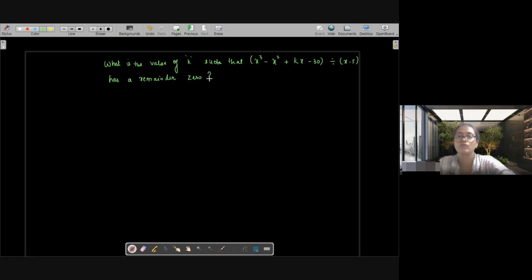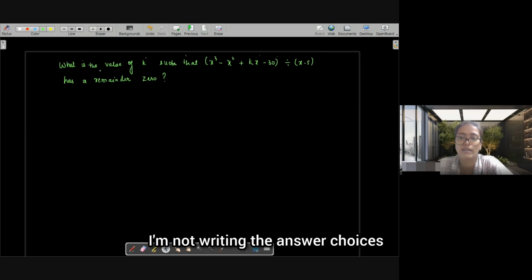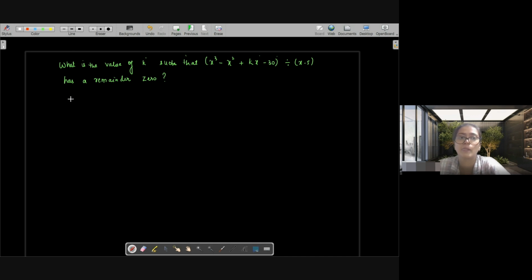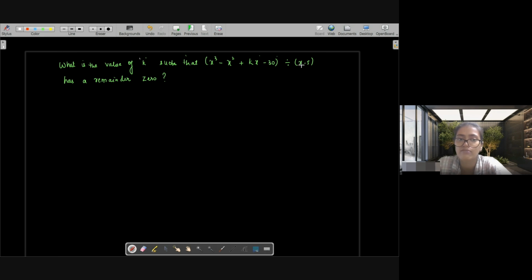You have answer choices as well, but I'm not writing them. Let's say this is a free response question. So we have to find the value of k such that if you divide this polynomial by x minus 5, you get remainder 0.